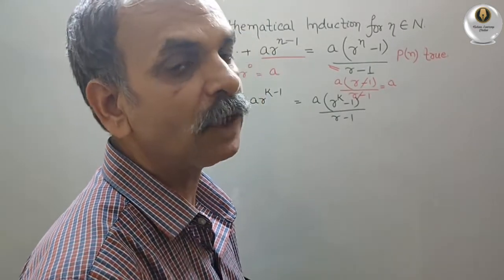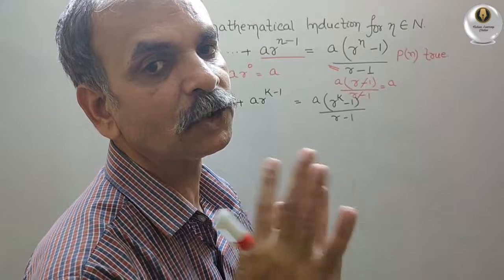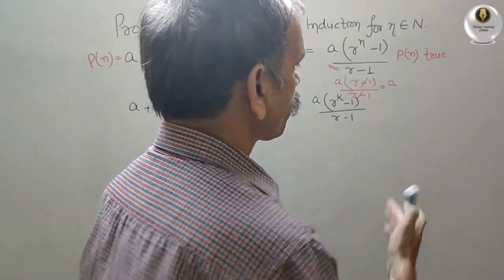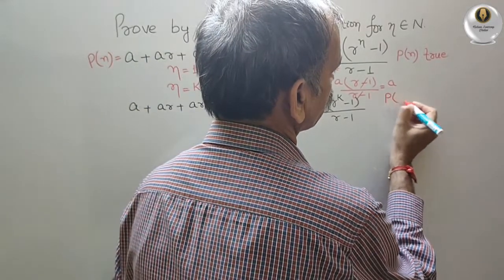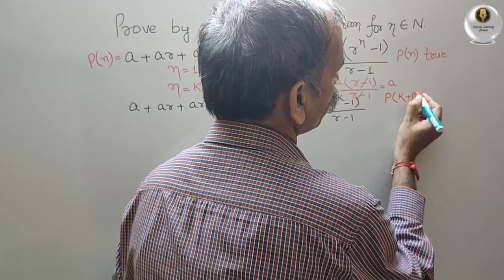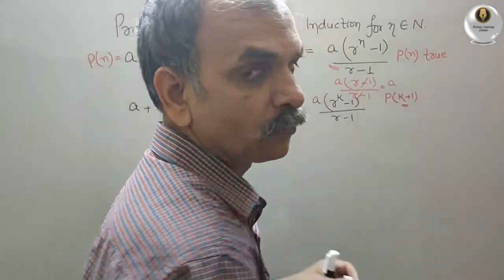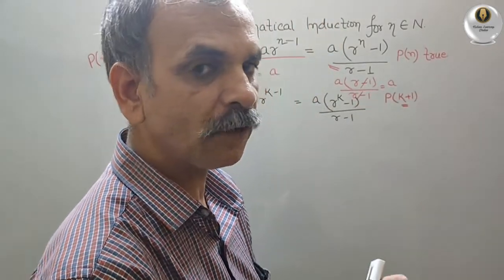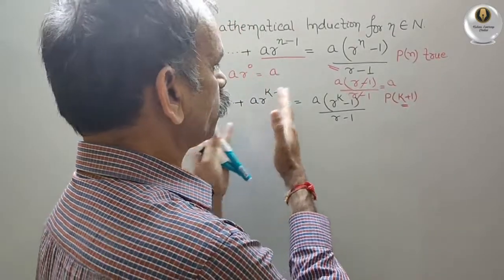Next step is that we have to go for k plus 1 is true or not. Pk plus 1 is true or not. For that what we have to do, just we have to add the k plus 1 term in front of this.